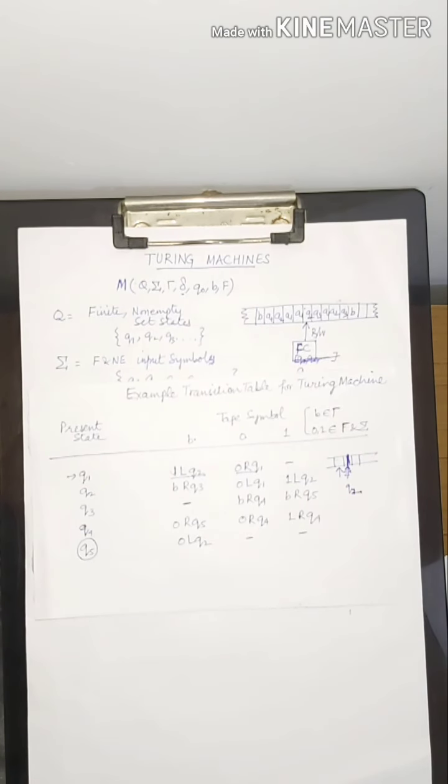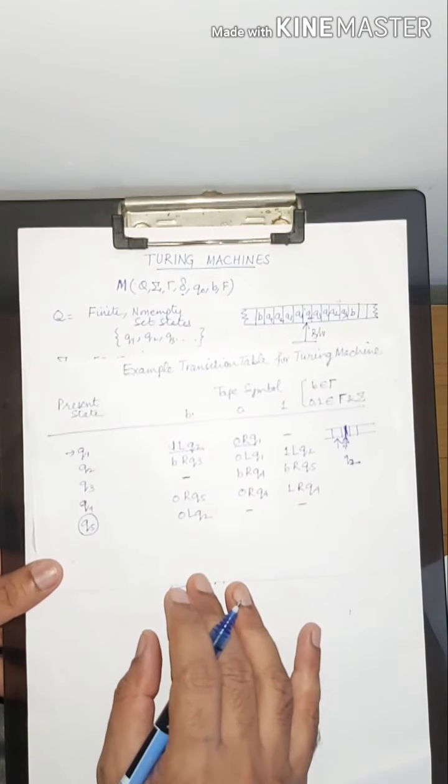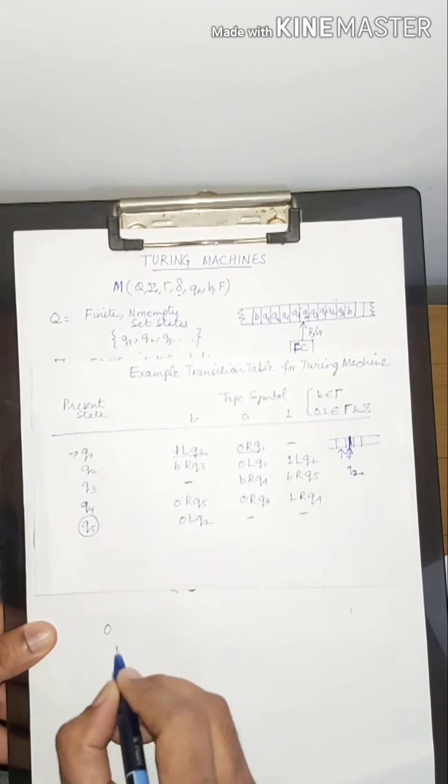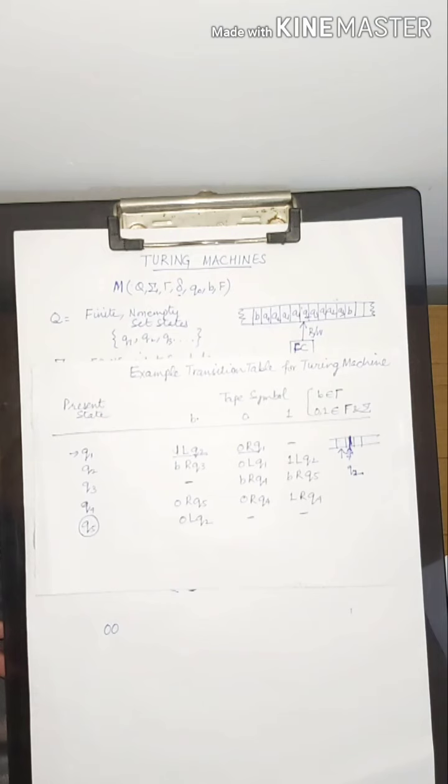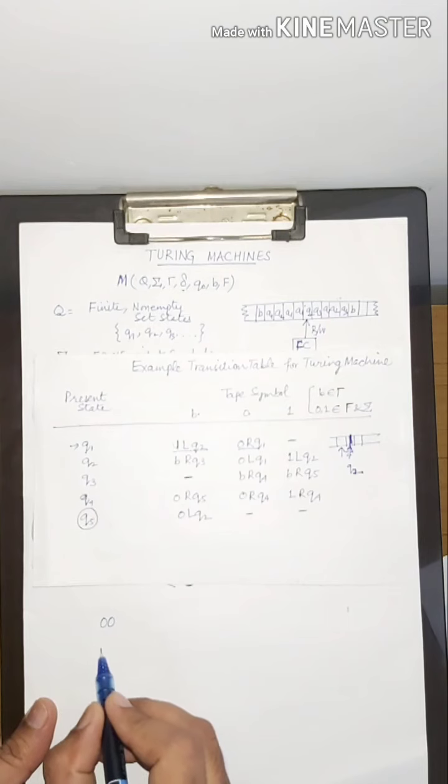Now let's take an example: we want to check what happens if we feed this string to the machine. So we will do that in terms of instantaneous descriptions. The ID at the beginning will be like this.